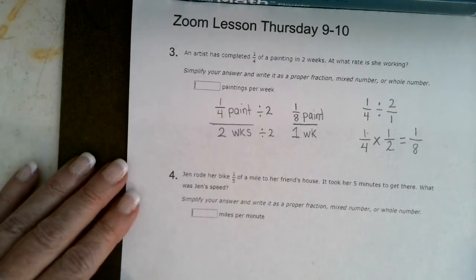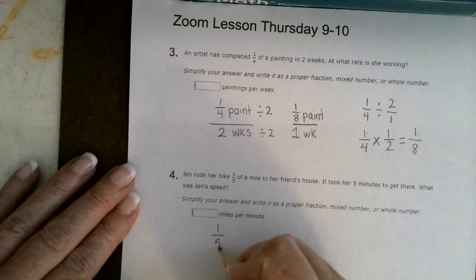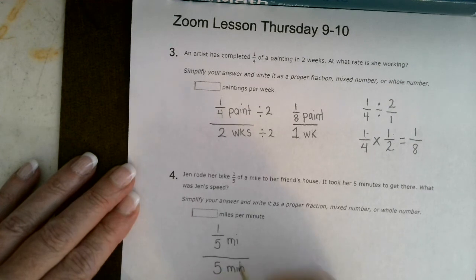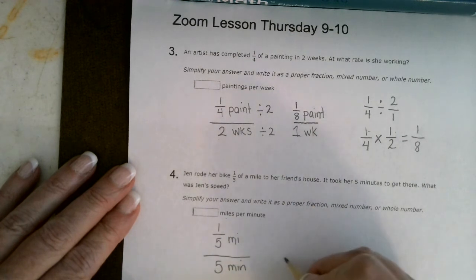Then we've got Jen rode her bike 1/5 of a mile to her friend's house. It took her 5 minutes to get there. So 1/5 of a mile, and it took her 5 minutes to get there. What was Jen's speed in miles per minute? So we want the per minute, which means in 1 minute.